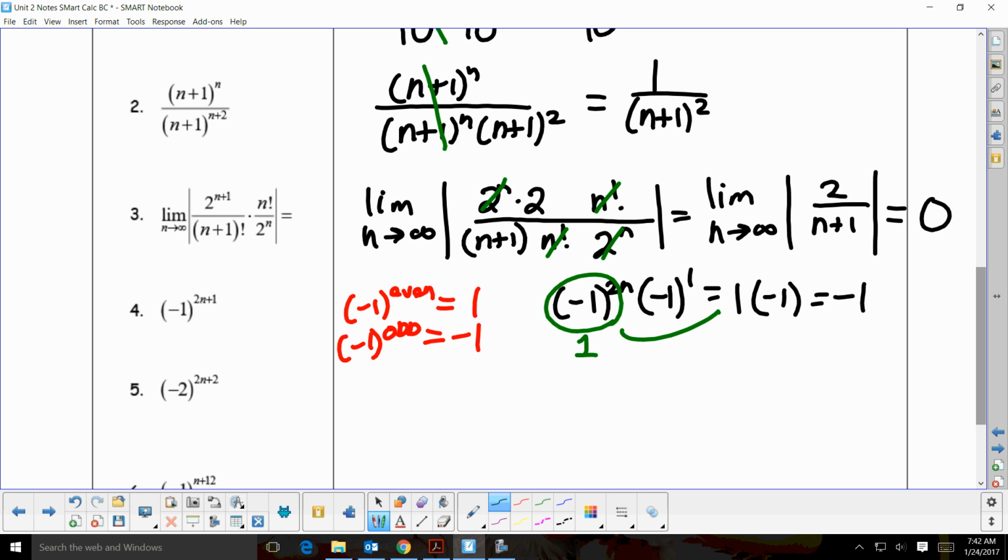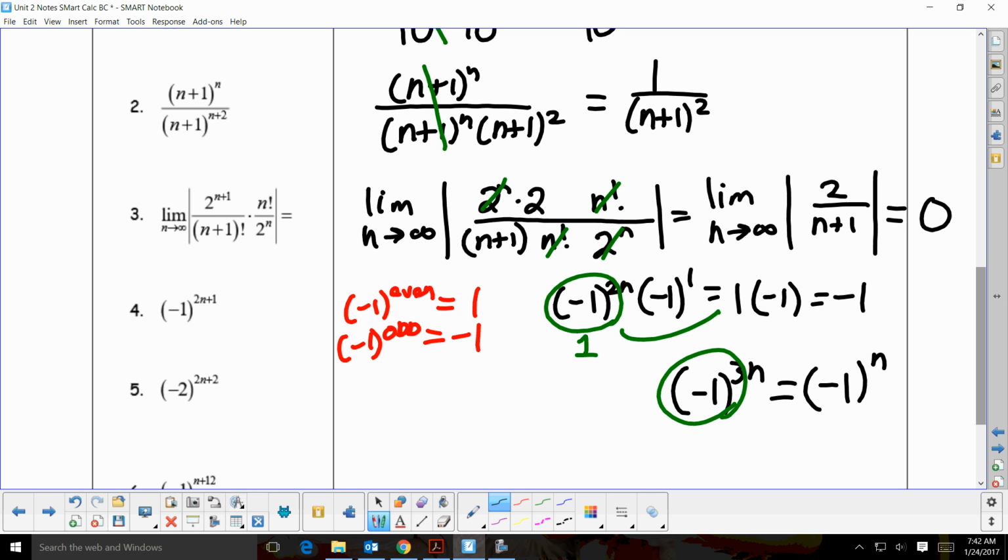Let me talk through it again. When I just have 1 to the n, it doesn't matter. So let me ask you this. Let's say that I had -1 to the 3n. Then I would say, well, what's -1 to the third? -1.